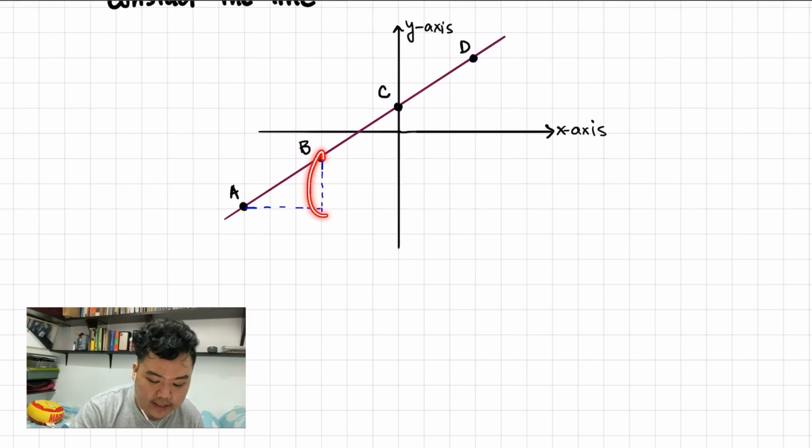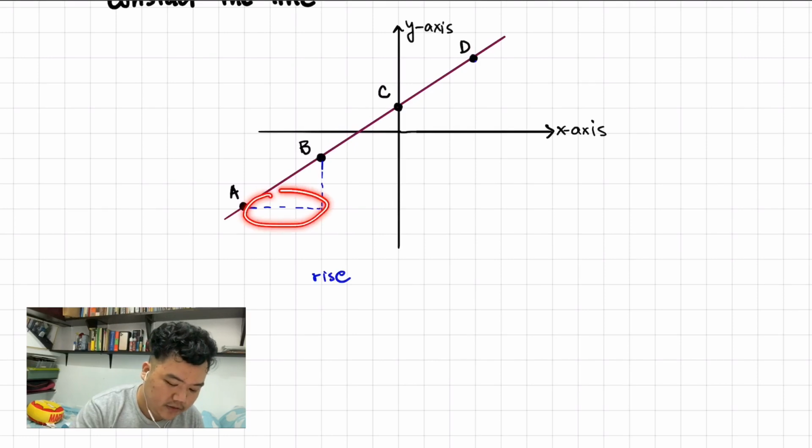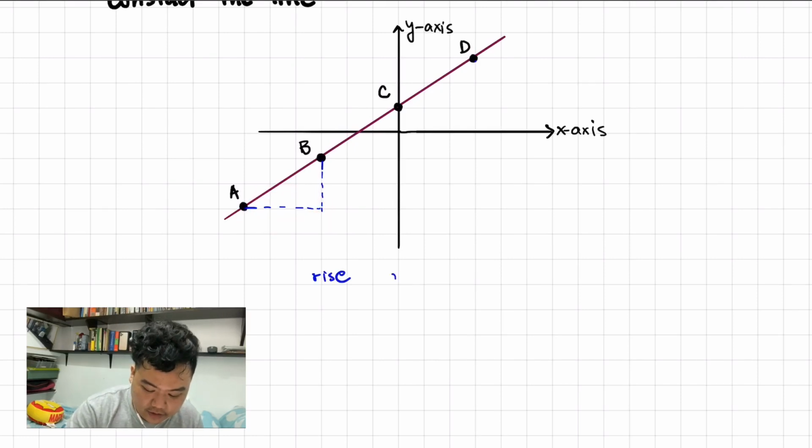Let us call the length of the vertical leg the rise, and the length of the horizontal leg the run. Run, not rum. Run. In this example, we have a rise of 2 units and the run is 3.